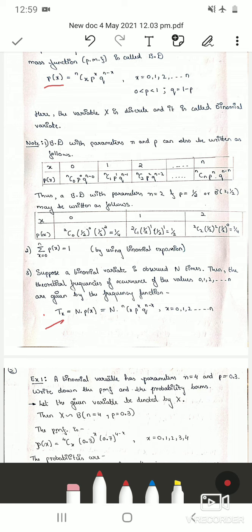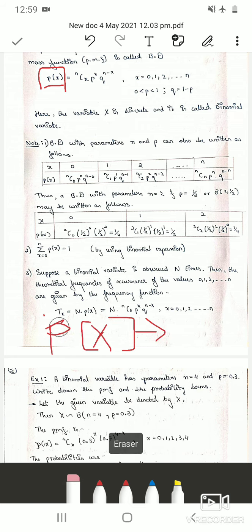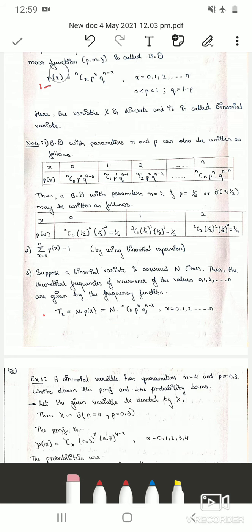Don't write capital P of x. If you write small p of x, then it is the probability mass function. Please go through your third semester random variable notes where the clear definition of probability mass function is given.